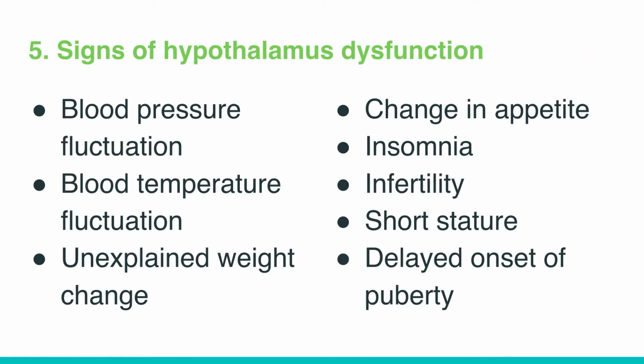Some signs of hypothalamus dysfunction are blood pressure fluctuation, body temperature fluctuation, unexplained weight change, that's gain or loss, change in appetite, insomnia, infertility, a shorter stature actually plays a part in hypothalamic disorders. That's a good indicator. It's obviously something very small, but it can lead to the right diagnosis, and delayed onset of puberty.